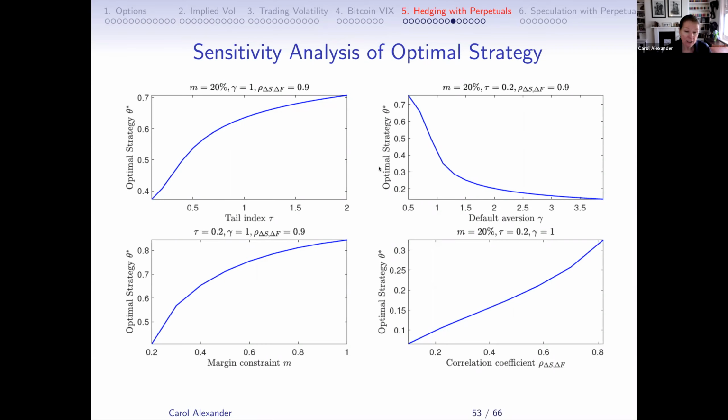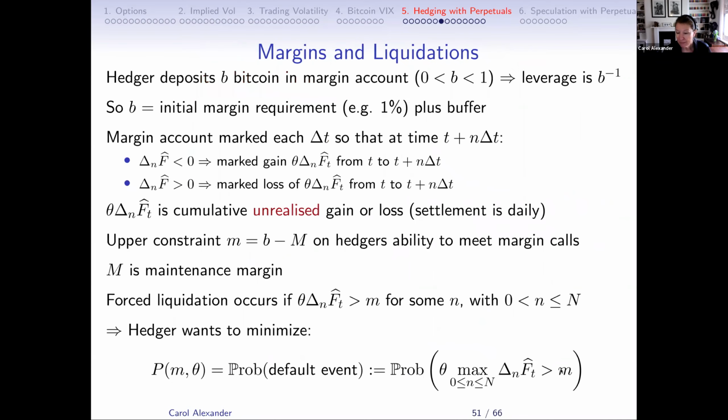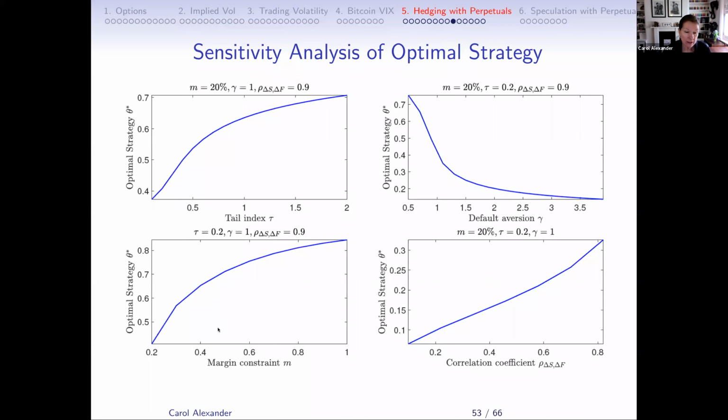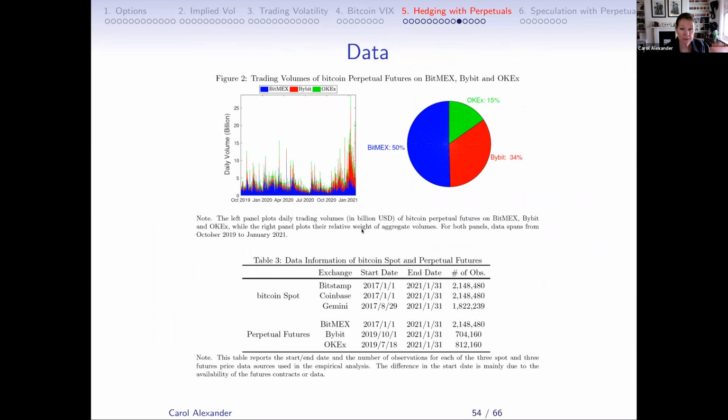The margin constraint, as M increases, so will your hedge, and correlation will increase, but we haven't gone as far as a unit correlation. I think, as I said, these results are a bit preliminary. I'm going to redo the graphs.